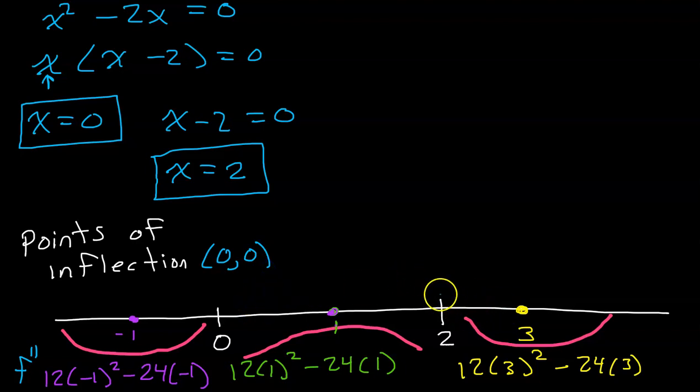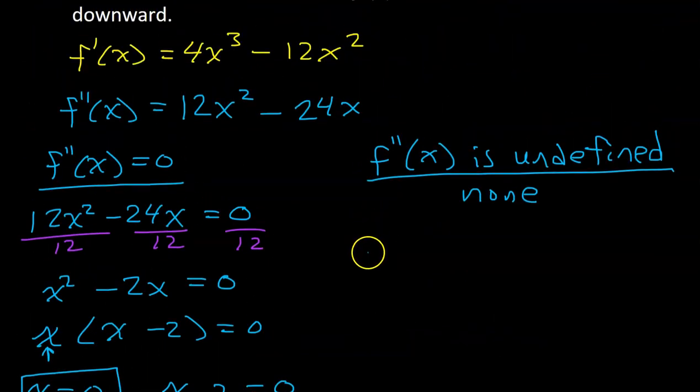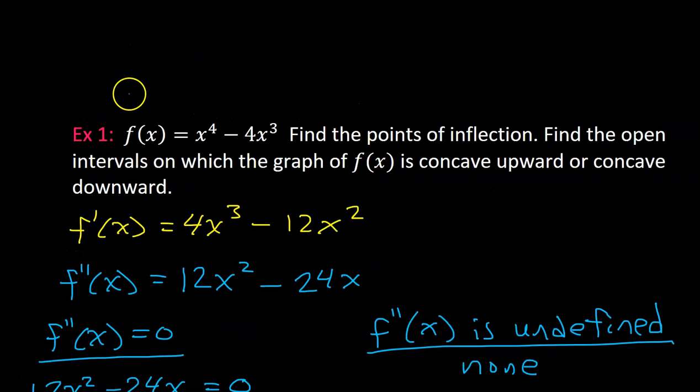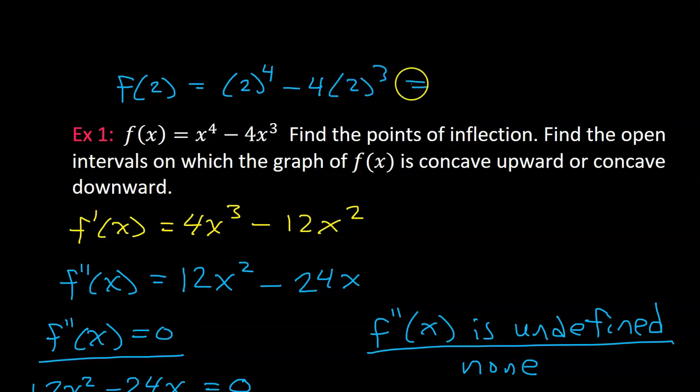So we have another point of inflection over here at 2 comma something, because the function goes from being concave down to concave up. So what's the y value that goes with this 2? All right, I think I can squeeze it in right here. If I do f at 2, that would be 2 to the 4th power minus 4 times 2 to the 3rd power.